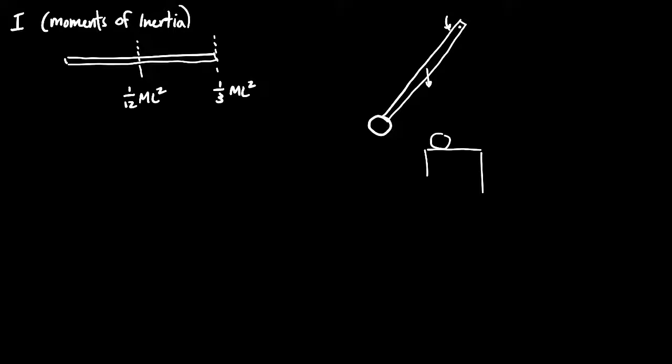Moment of inertia is already a sum. But that means once you know the moment of inertia of the ball, all you need to do is use the parallel axis theorem to change the axis of rotation to match the situation.